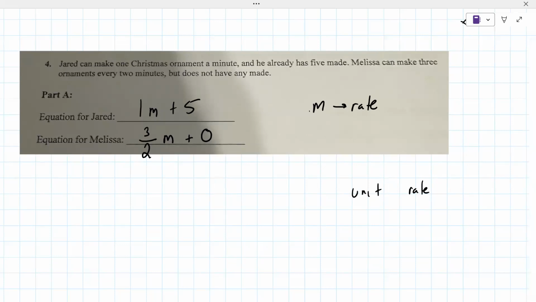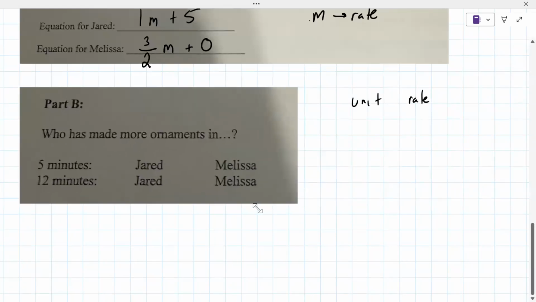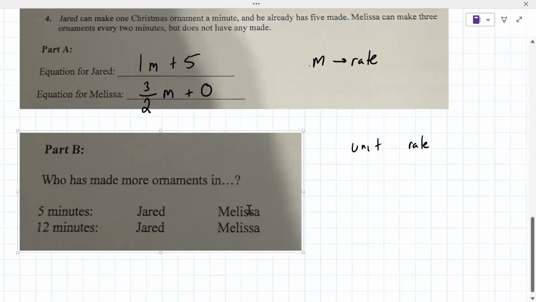All right. So to do part B, there's a couple of ways to do it. One is to just graph them. One is to just calculate them in a table. So Jared in 5 minutes has made 10, and then Melissa has made 15 over 2, so 7.5, yeah.